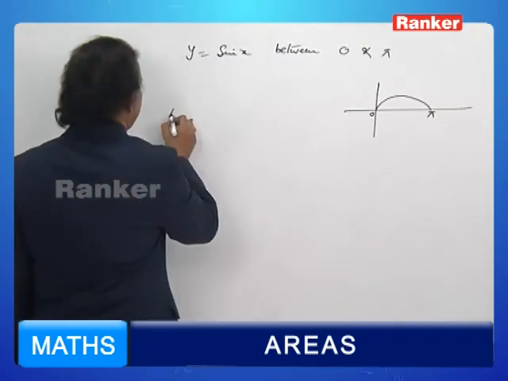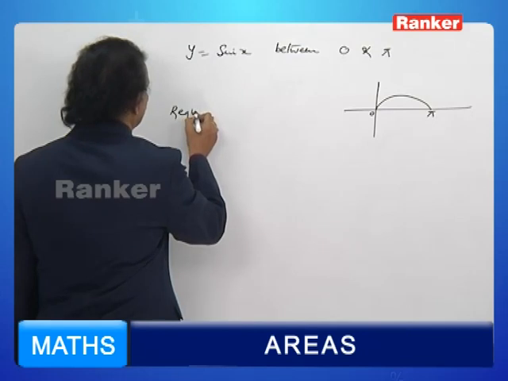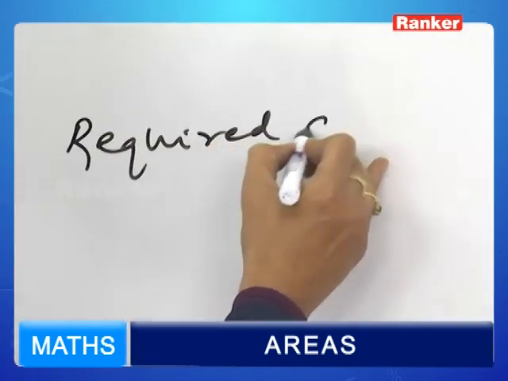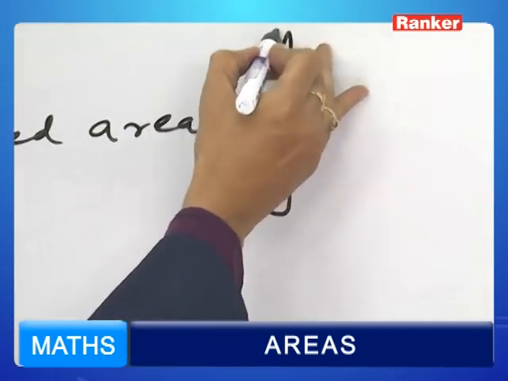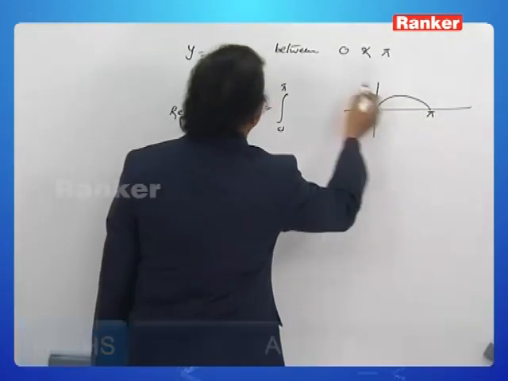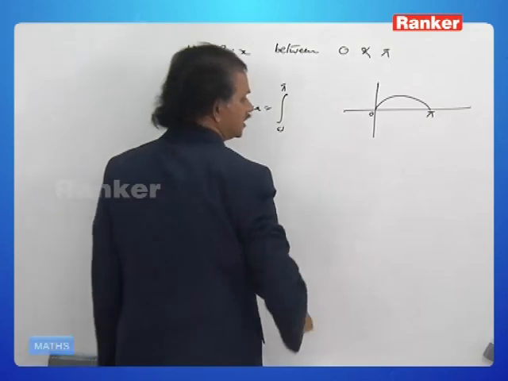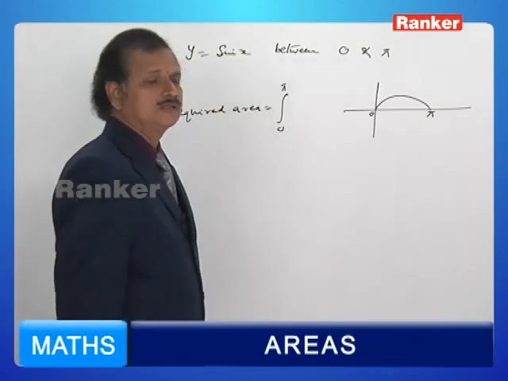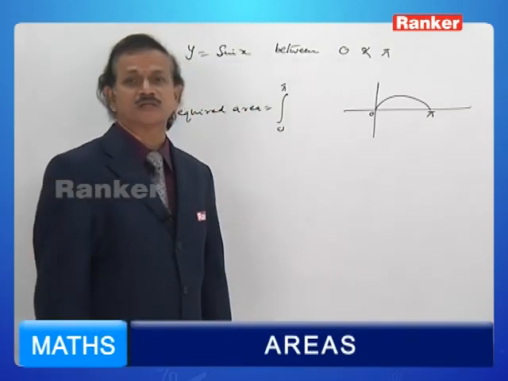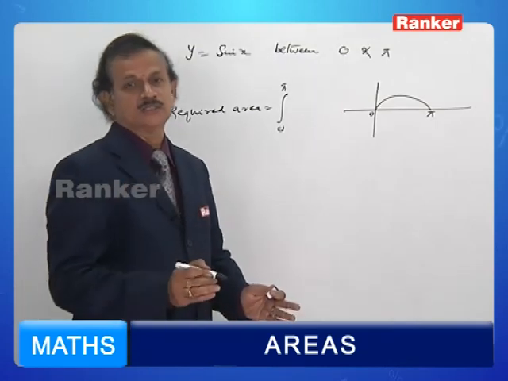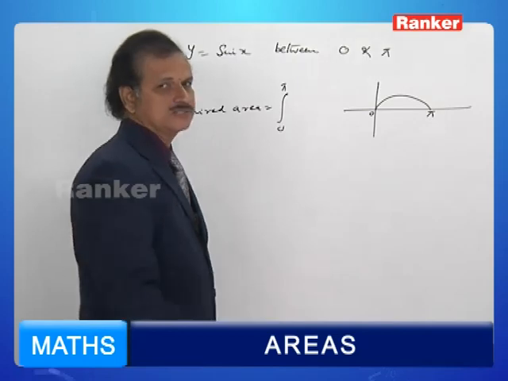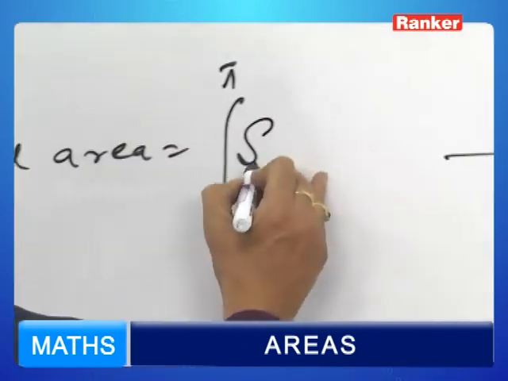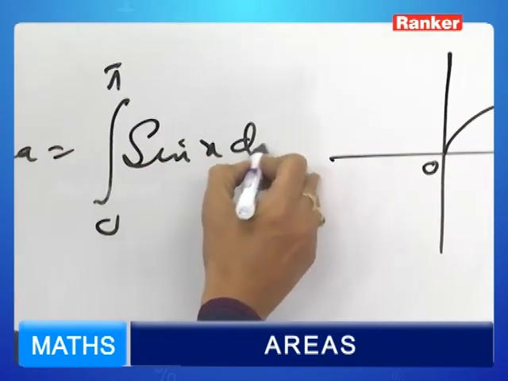Hence, the required area is integral 0 to pi of mod sin x dx. Speaking in the format, we must take mod f of x, that is mod y, that is mod sin x, which is nothing but sin x. So, sin x dx.